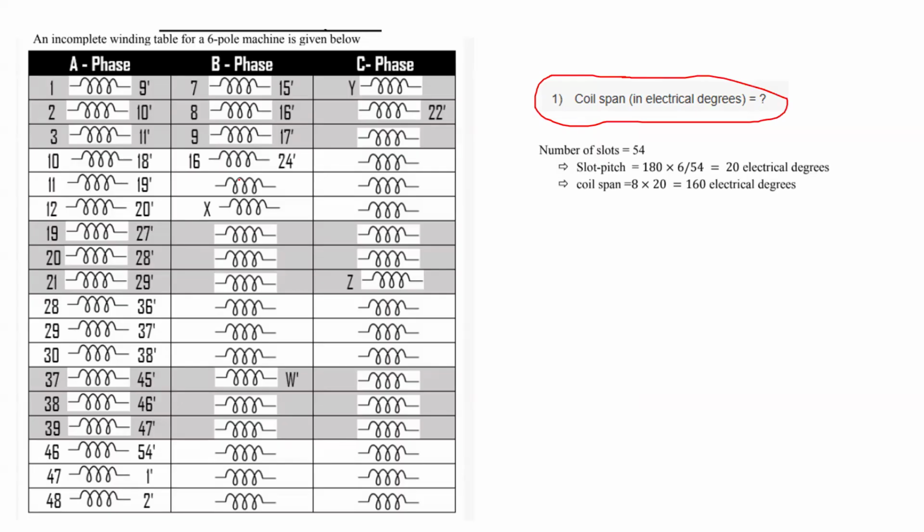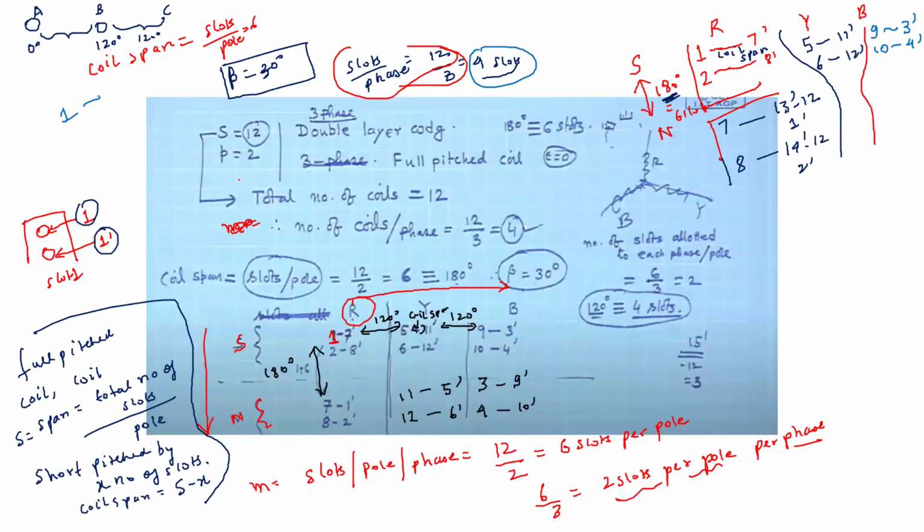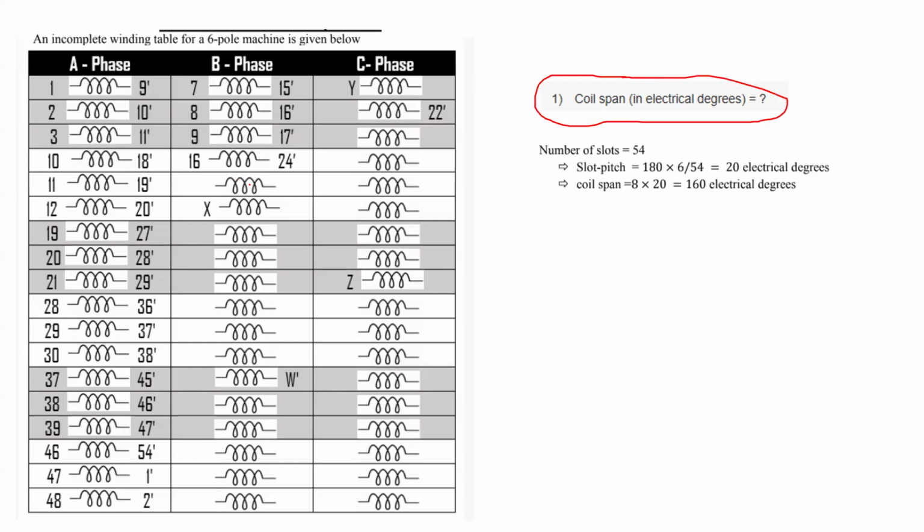So we will see a generalized formula. First of all, you have to find out the total number of slots. You will see that this 54 dash 54 indicates the total number of slots here. They have provided you with this.